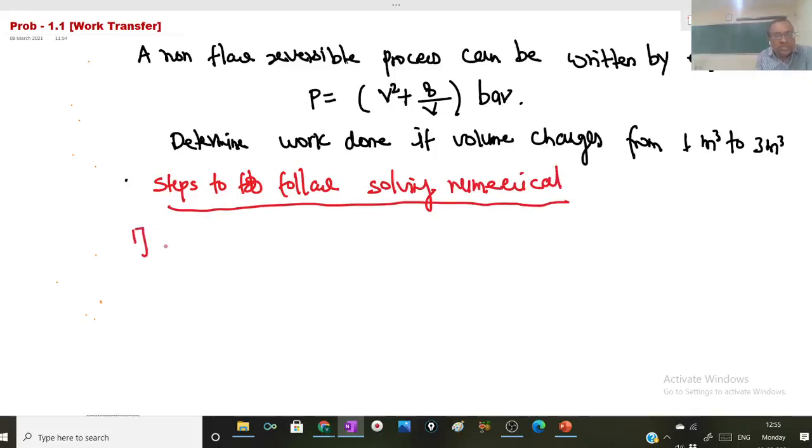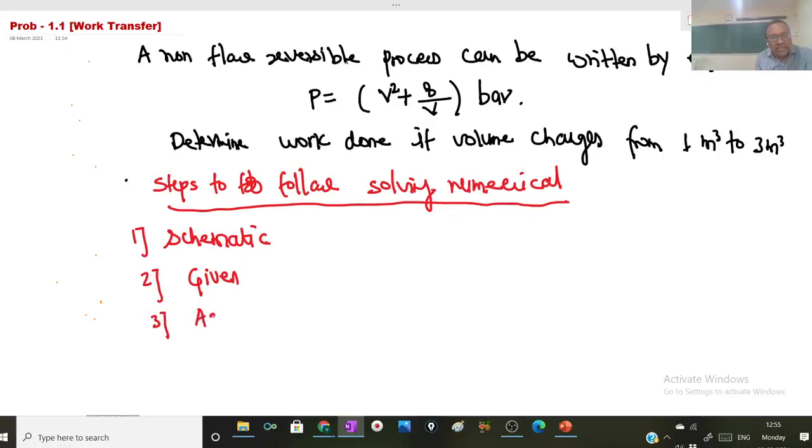So the very first step you always do is schematic. From your imagination, you draw the schematic of the system. Then enlist all the given things, like whether P1 is given, V1 is given, T1 is given, like that.